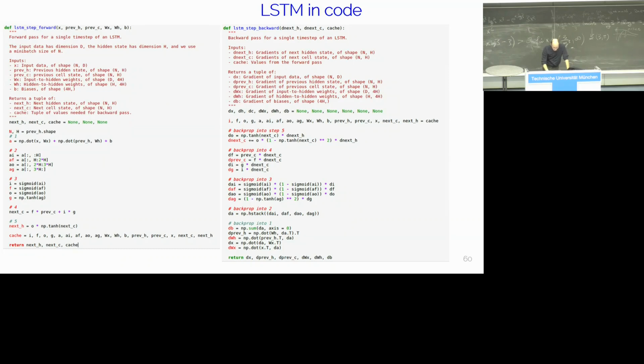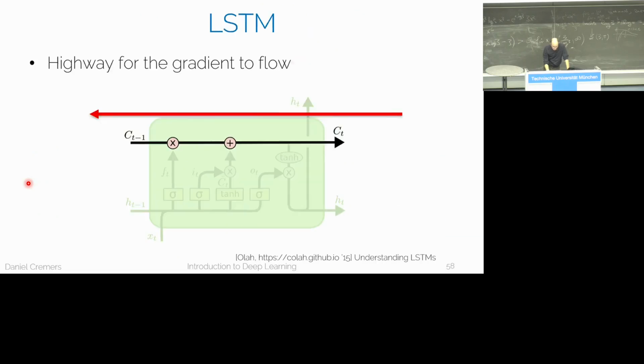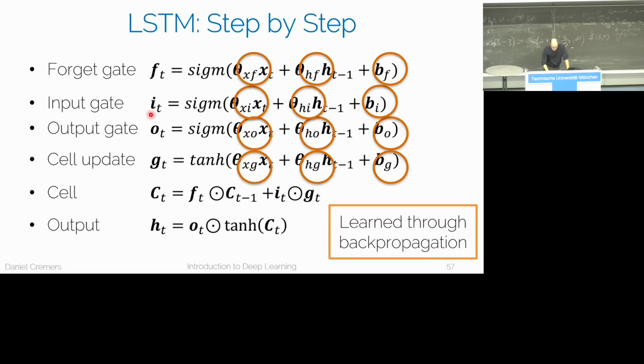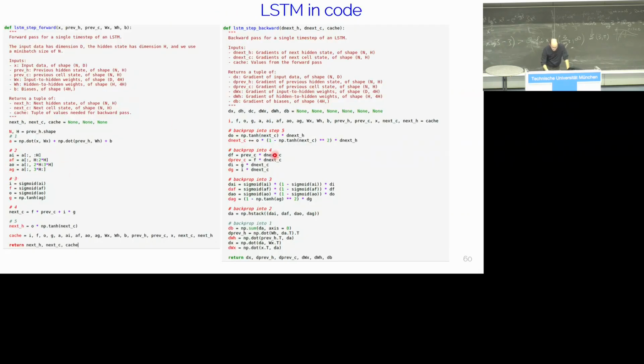Sorry, I should switch on my pointer so you see where I'm pointing. Here, you have this AIFOG. That is exactly, if we go back, these updates, FIOG here. This is the forward pass on the left. And then here you have the backprop on the right.